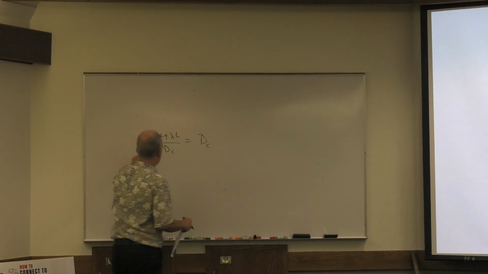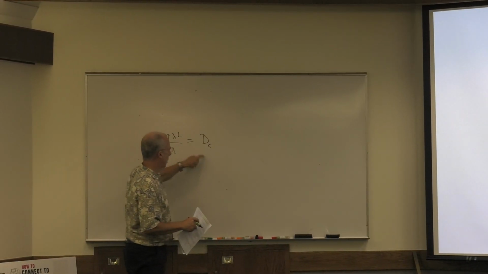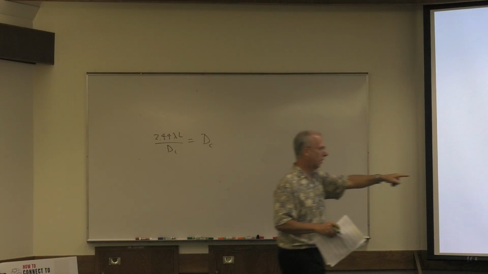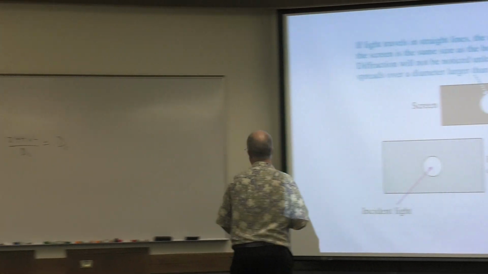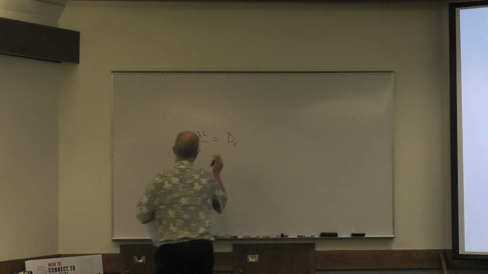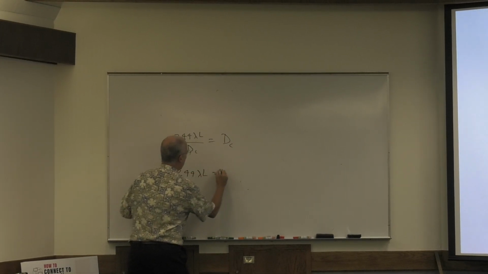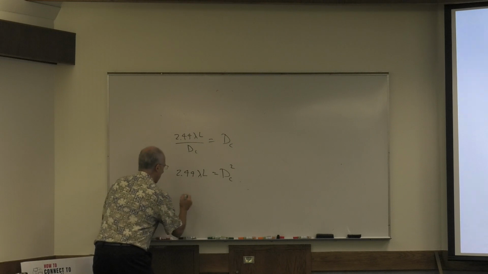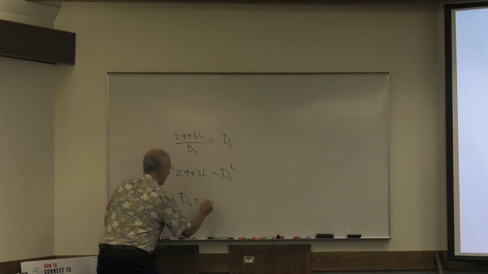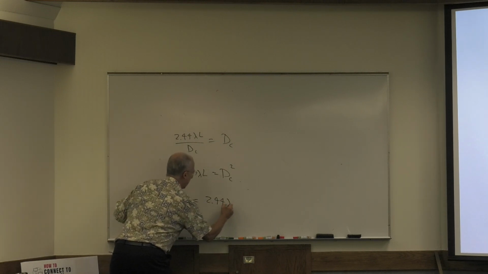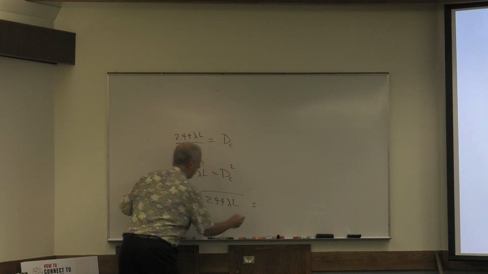So this is the width of the single slit diffraction, and this is just the diameter of the hole. Okay, let's do it. So we have 2.44 lambda L equals dc squared. So D, the critical diameter, is just the square root of 2.44 lambda L. All right, well, what's that?